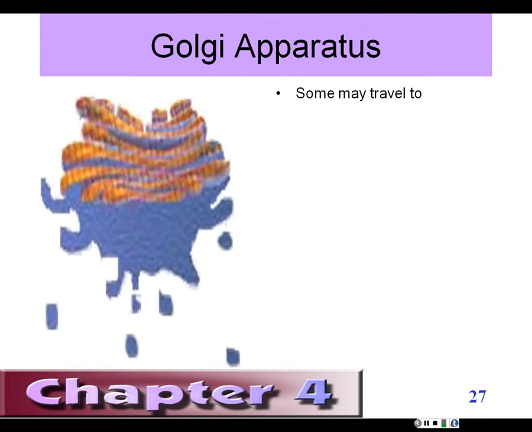Okay, so go in and look at your notes. All right, it says, when we leave the Golgi apparatus, some of the vesicles that are leaving the Golgi, some of them go to the plasma membrane for exocytosis.